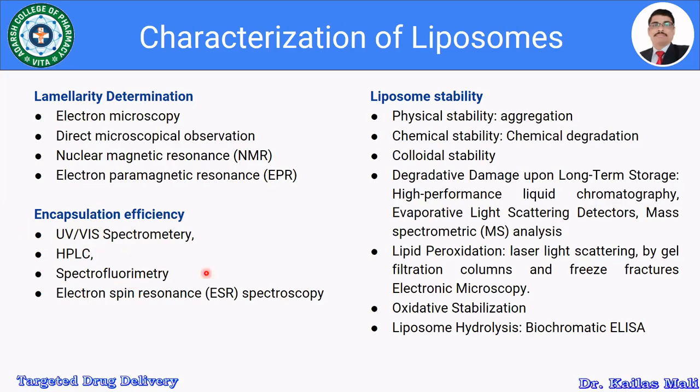or high performance liquid chromatography, or spectrofluorimetry, or electron spin resonance spectroscopy, depending on the nature and type of the drug. Then liposome stability can also be evaluated with respect to physical stability like aggregation, chemical stability, for example chemical degradation, then colloidal stability, then degradative damage upon long-term storage by using HPLC or evaporative light scattering detectors or MS, that is mass spectroscopic analysis, lipid peroxidation by using laser light scattering or gel filtration columns, and freeze fracture electron microscopy.